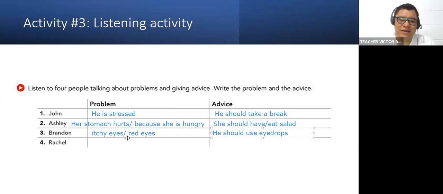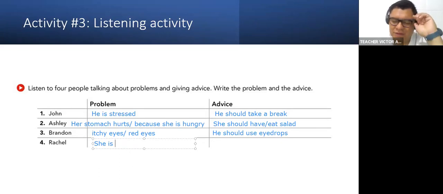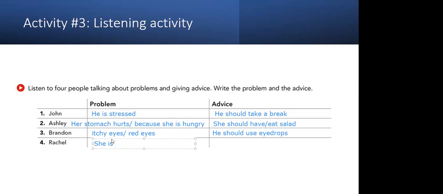That's correct. What about the last one for Rachel? What's the problem with Rachel? You remember what is the problem? What did she say, guys? She's in Brazil.